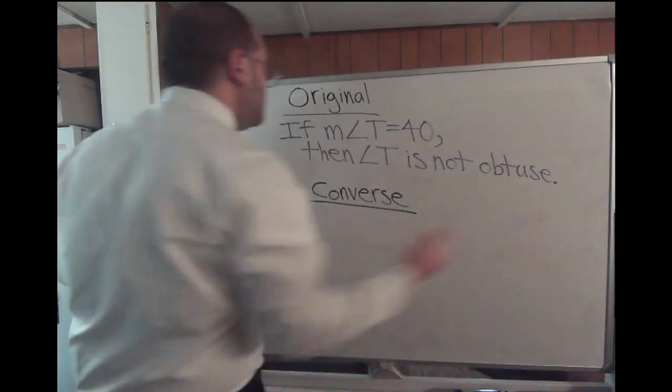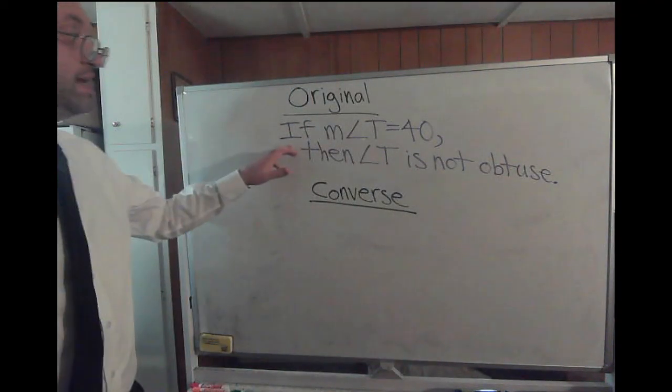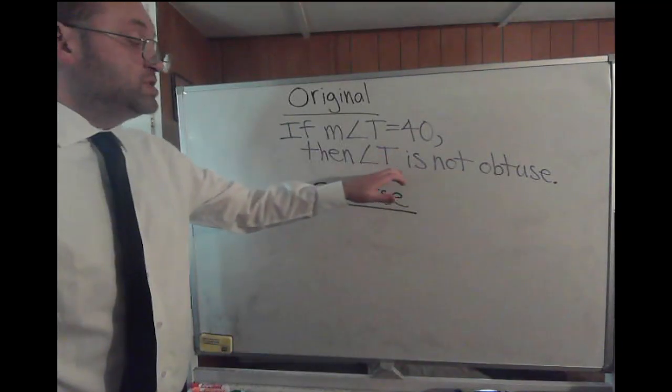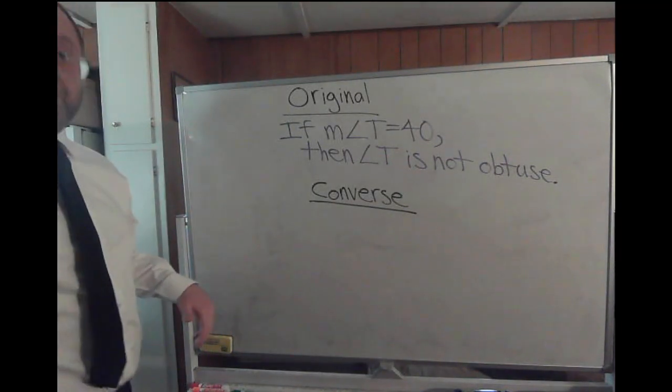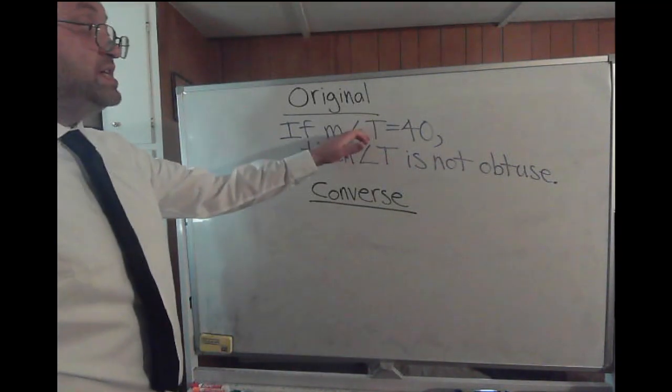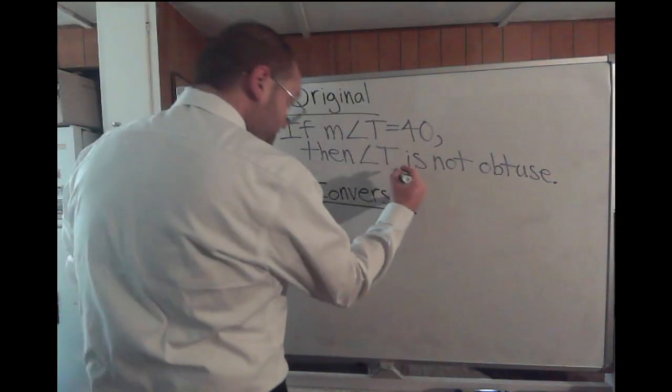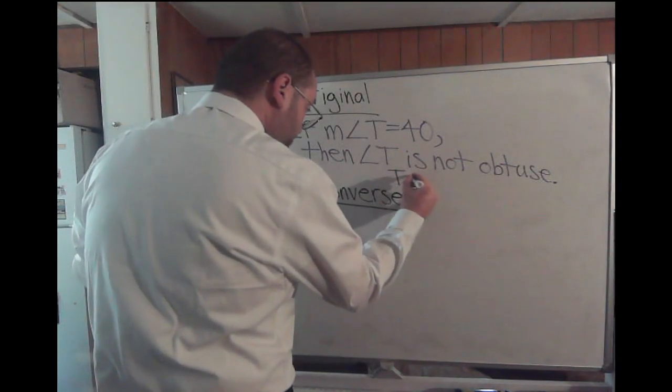Okay, so the original statement is that if the measure of angle T equals 40, then angle T is not obtuse. Well, that would be a true statement. Angle T would actually be an acute angle, so it's definitely not obtuse. So the original is actually a true statement.